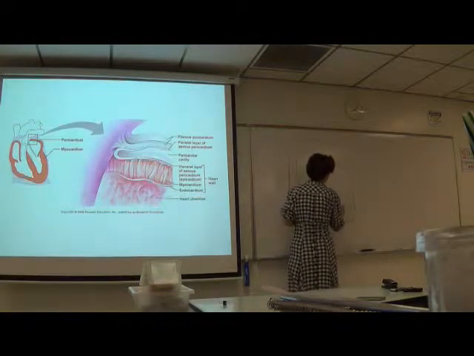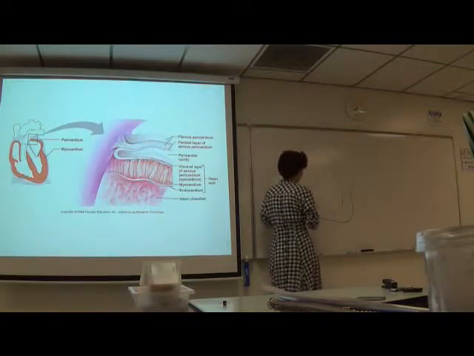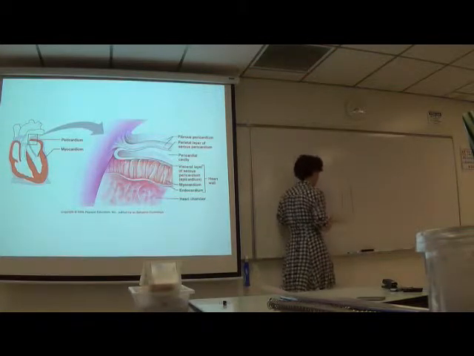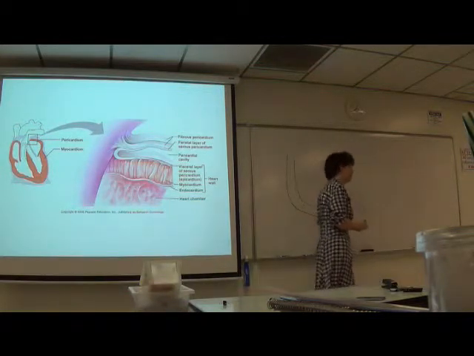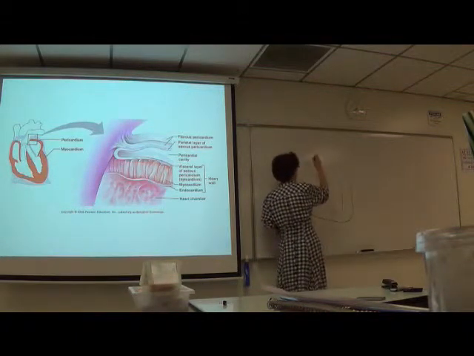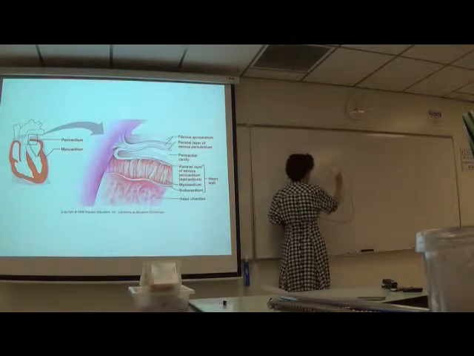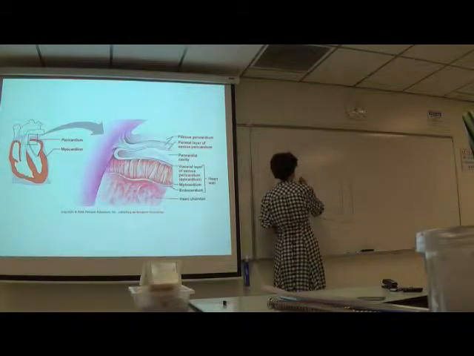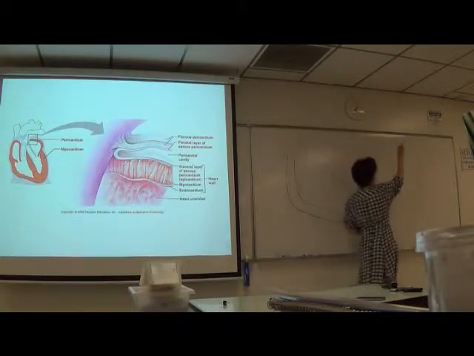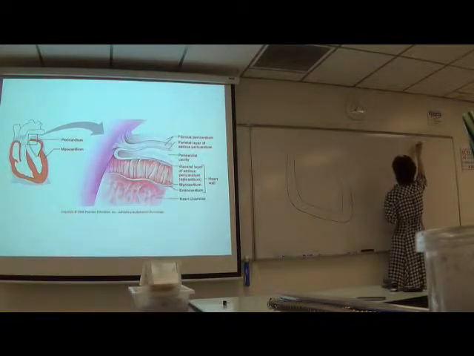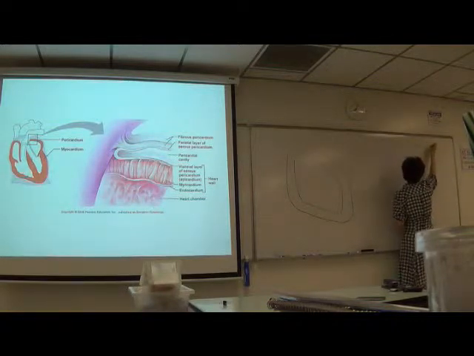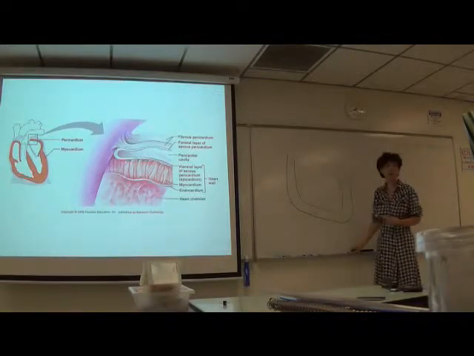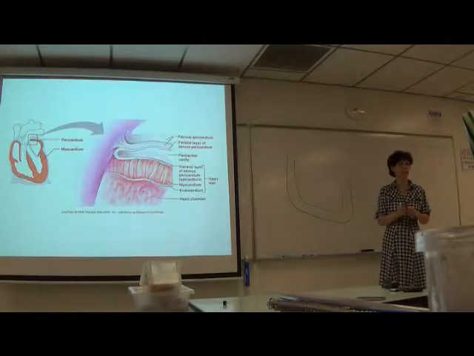I'm not going to bother drawing the chambers at this point. So lining the inside of the heart, we have a simple squamous epithelium. So the dotted lines are simple squamous epithelium. And deep to simple squamous epithelium, what kind of connective tissue do we have?